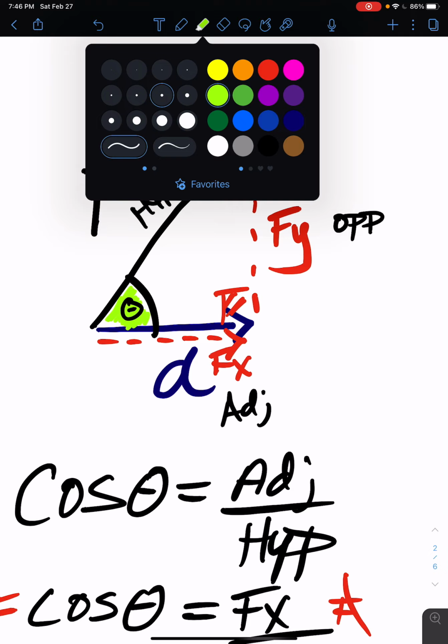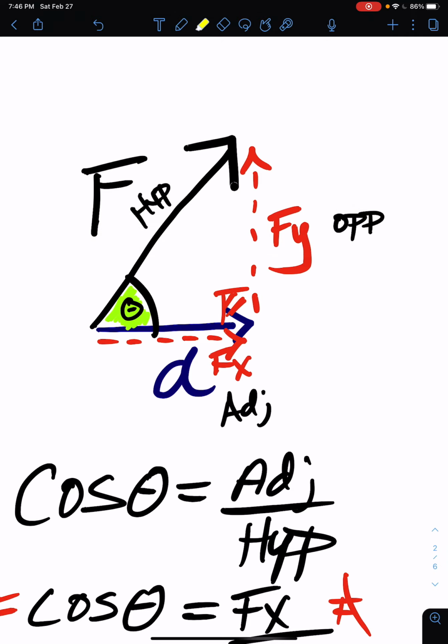We see that it's only getting done by F of x, which I'm highlighting right now, because that is parallel to d. F of x and d both point the same way.